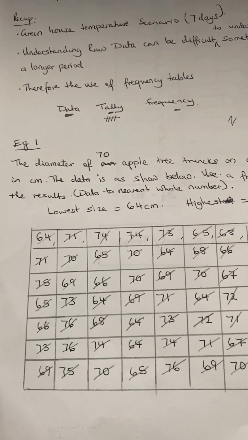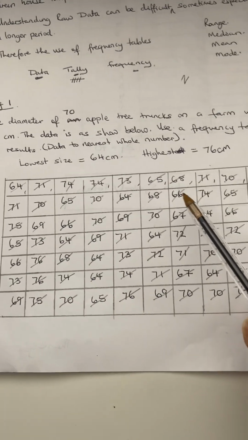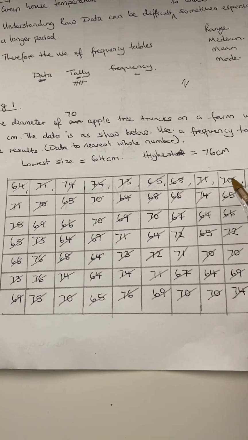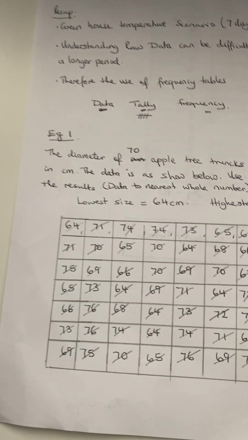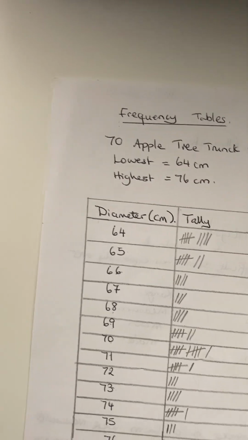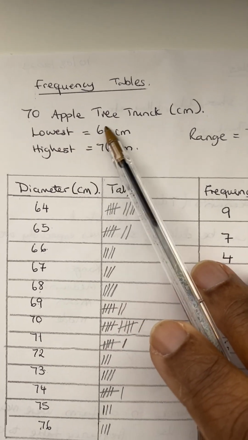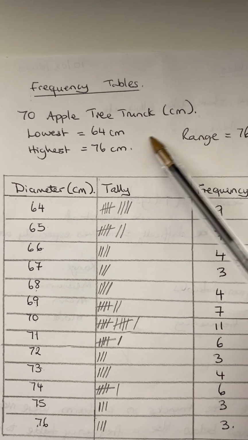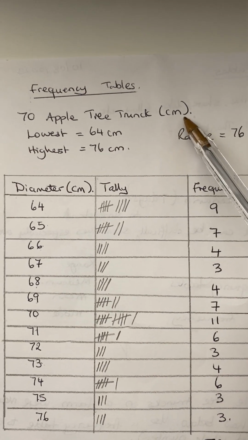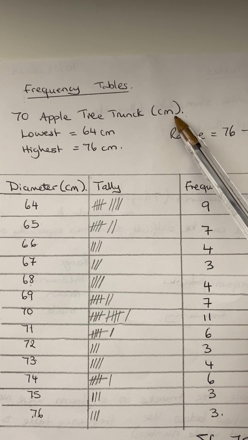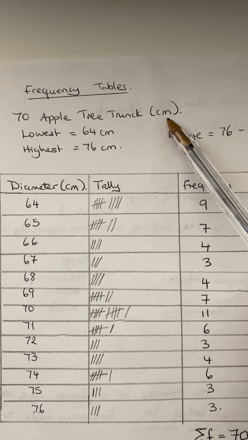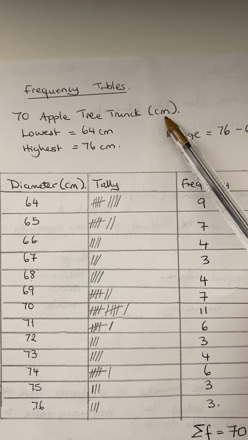Now we need to plot all this on a frequency table. So this is my frequency table. 70 apple trunks, the diameter in centimeters.